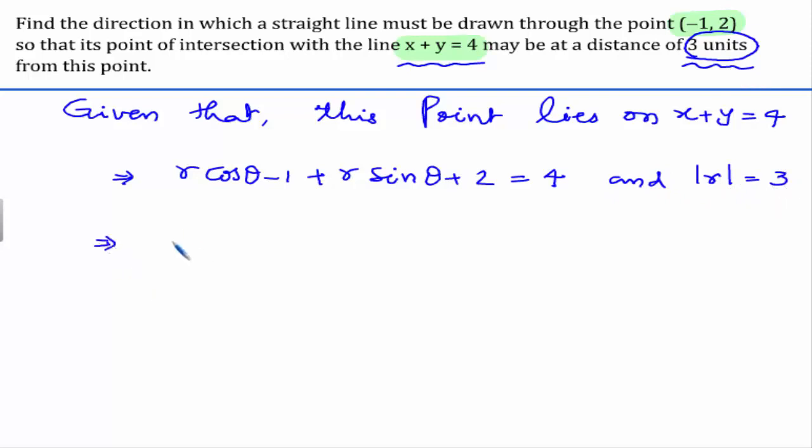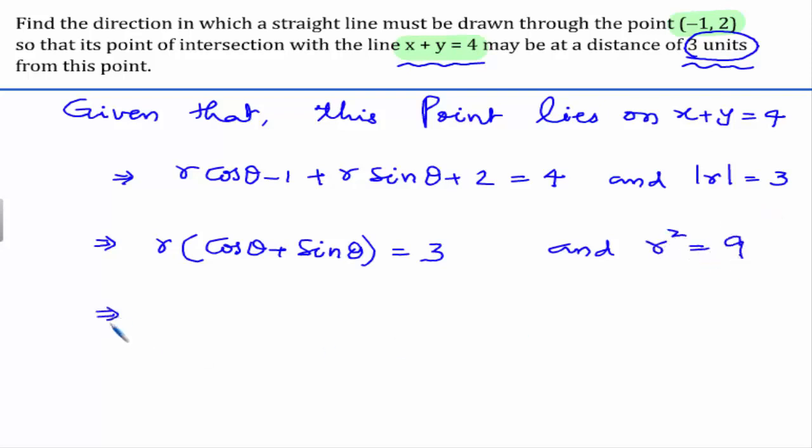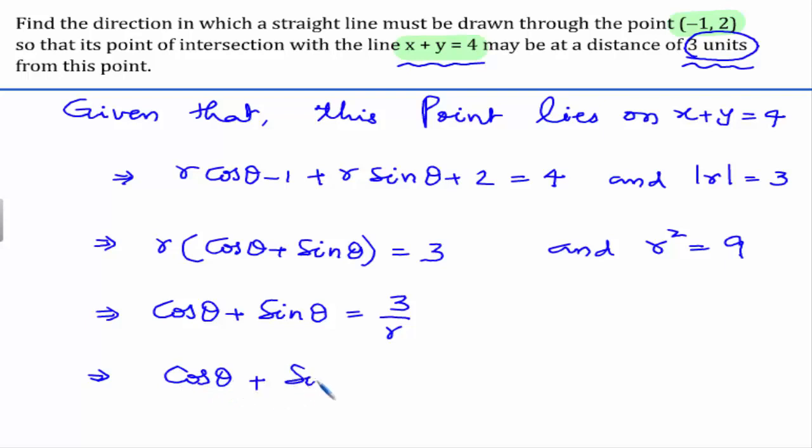So this will give us r into cos theta plus sin theta. Here 2 minus 1 is 1. If 1 goes the other side, you will get 3. And if we square on both sides here, we get r square is equal to 9. Now here we get cos theta plus sin theta is equal to 3 by r. If we square on both sides, we get cos theta plus sin theta whole square is equal to 9 by r square.